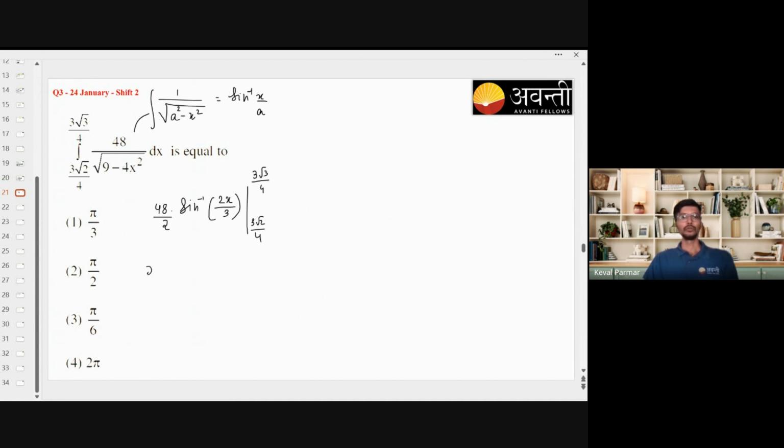So 48 by 2 will be 24. If we input the upper limit, we'll get sine inverse of 2 by 3 into 3 root 3 by 4 minus sine inverse of 2 by 3 into 3 root 2 by 4.